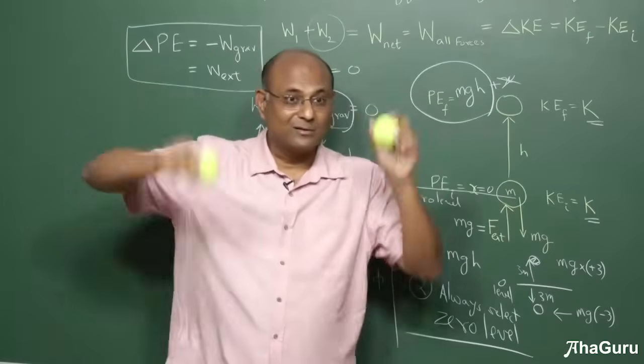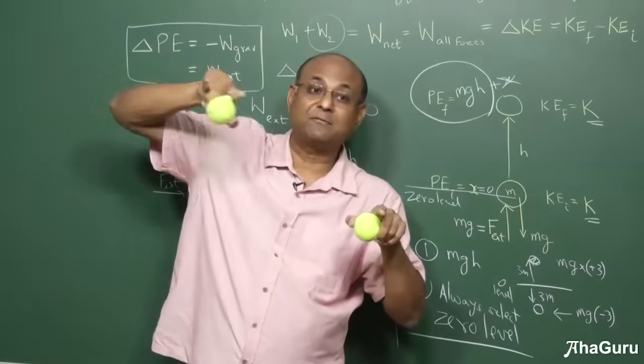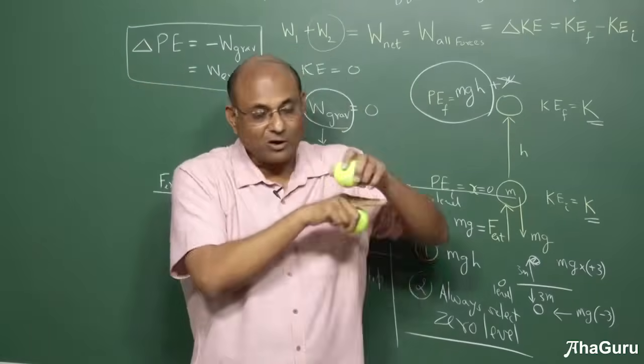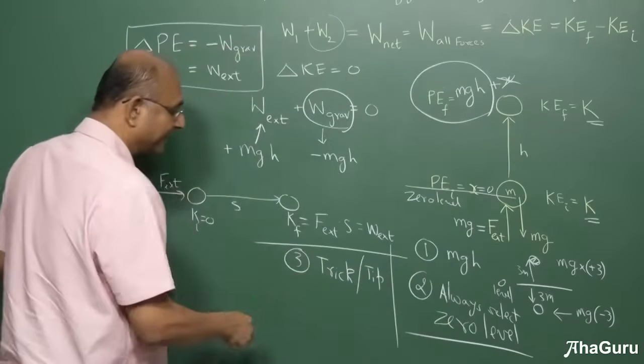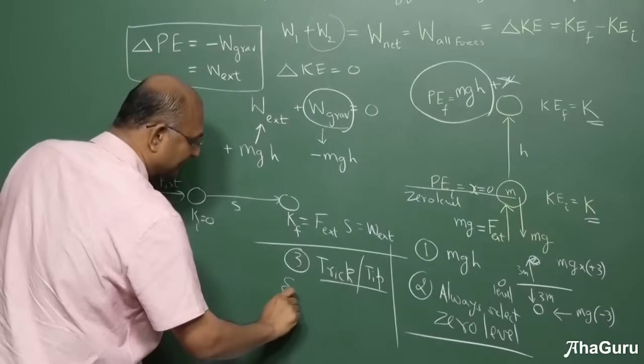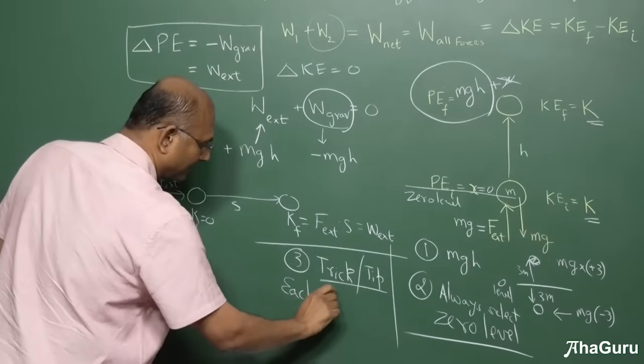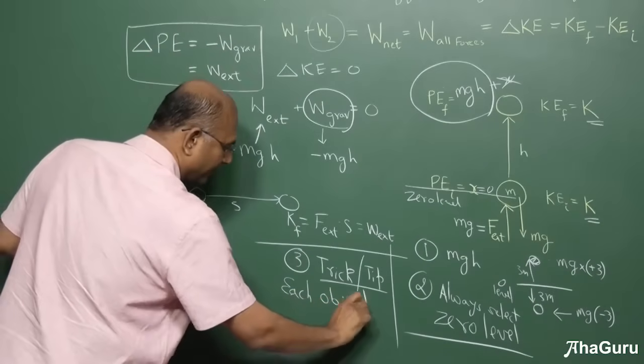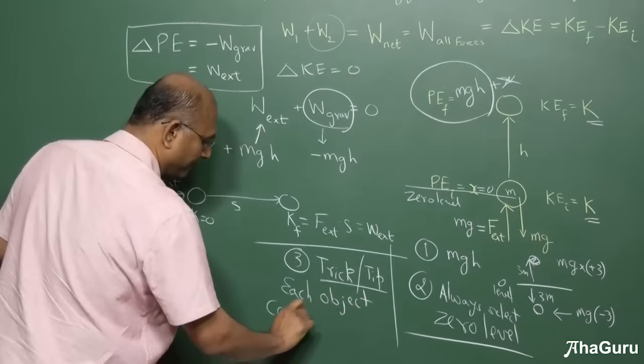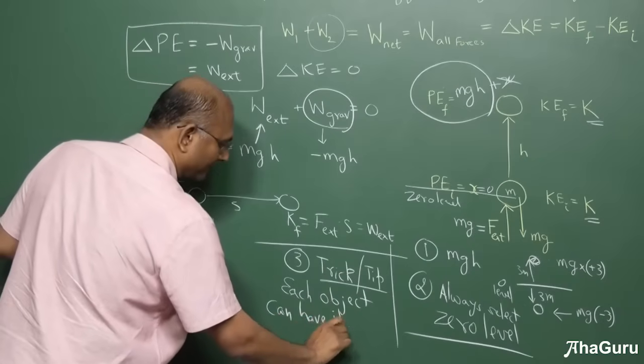But as they move around, for this fellow, you must always count it from its zero level. For this fellow, always from its zero level. The trick is each object can have its own zero level.